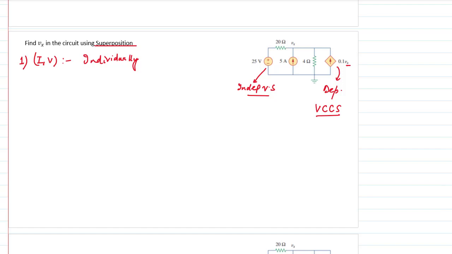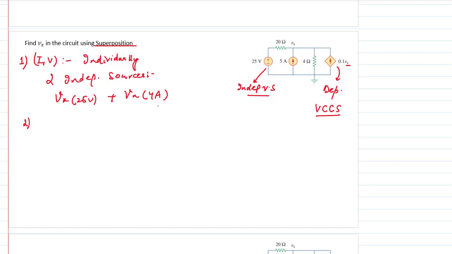Suppose in this question we are having two independent sources, a voltage source and a current source. If I want to know this Vx, which is the unknown here, I will see what is the contribution of the 25 volt source in this particular voltage, and then the contribution of this 4 ampere source. At a time only one independent source will be used, others would be turned off.